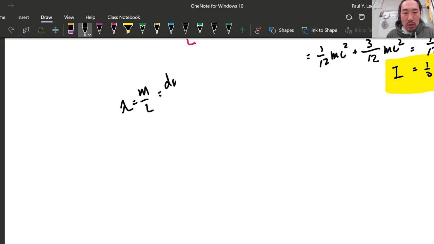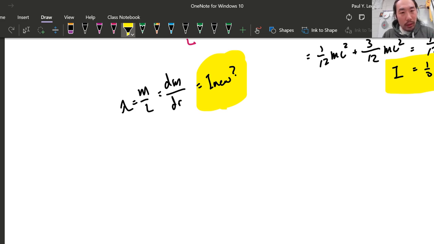We would have to use a little bit of calculus to find the new I. So the only different approach is that you're not given the I, but you have to find the I and then do the parallel axis theorem.